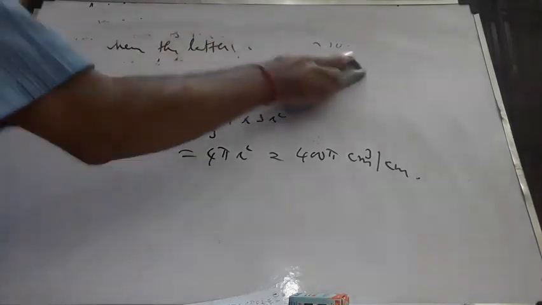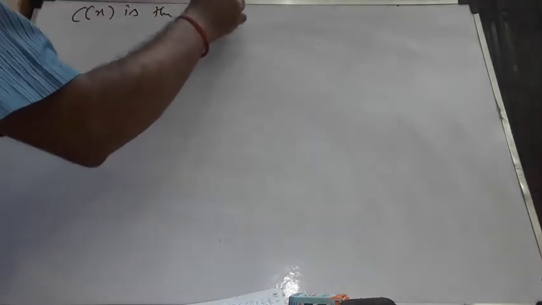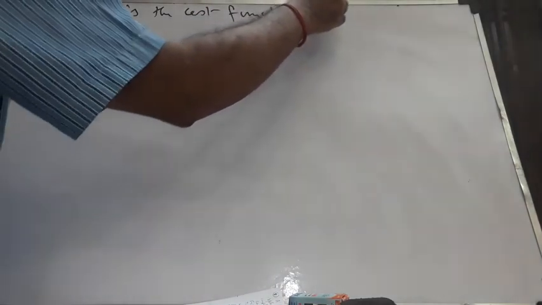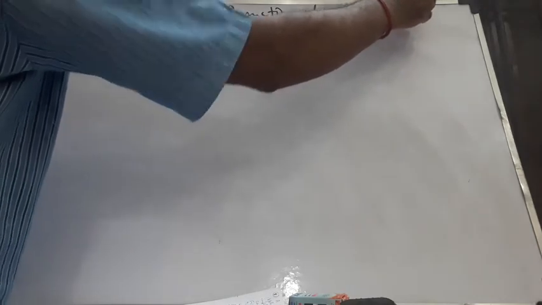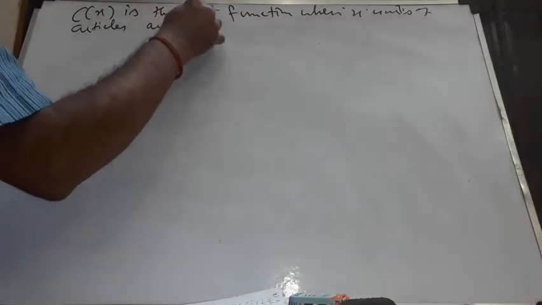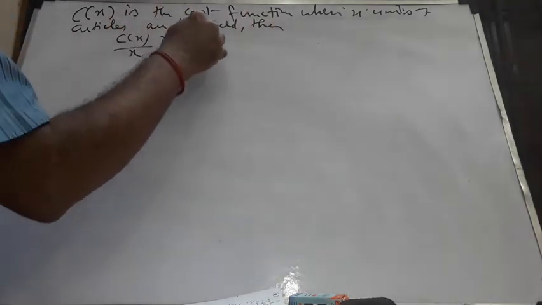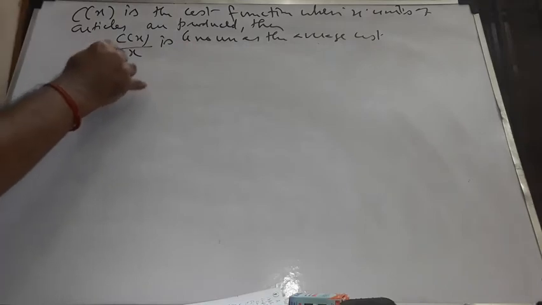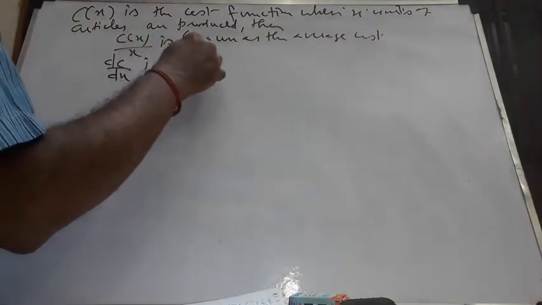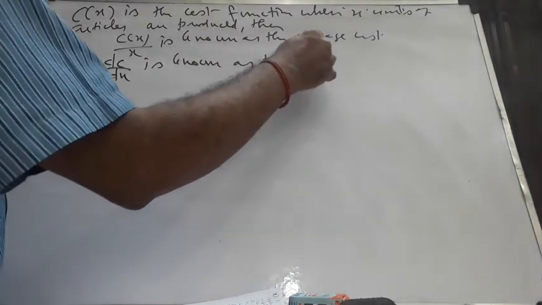Now there are just 2 more definitions. If C of x is the cost function where x units of articles or items are produced, then C of x by x is known as the average cost, and dC/dx is known as the marginal cost.